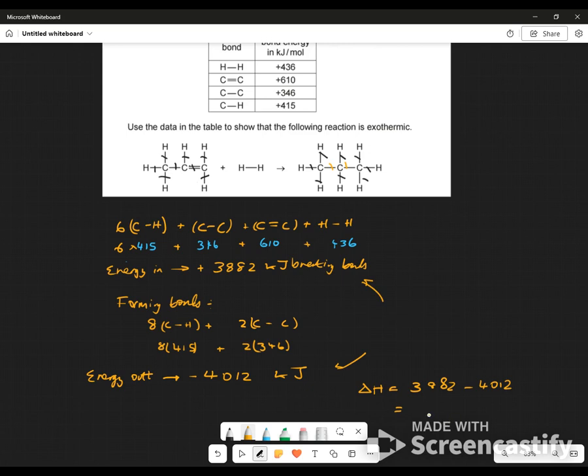I get minus 130 kilojoules per mole. And that's what it wanted. Show that the reaction is exothermic. And I have shown that because I have shown delta H is negative.